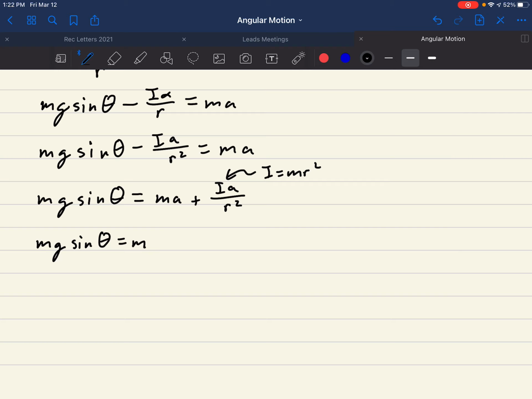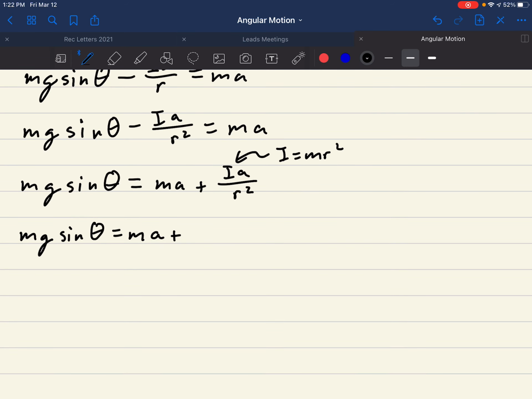mg sine theta equals ma plus, and now I'm going to plug in for I, so that's mr squared times a over r squared. And actually I can just see that I have almost made a mistake. It should be 1/2 mr squared, because it's the disk, right, or cylinder, same.